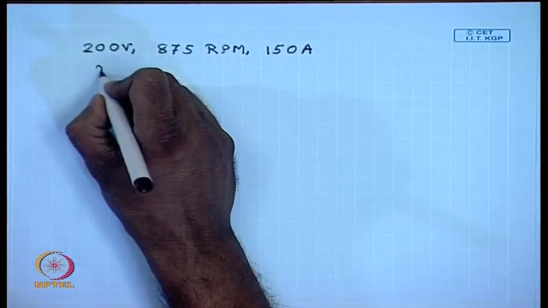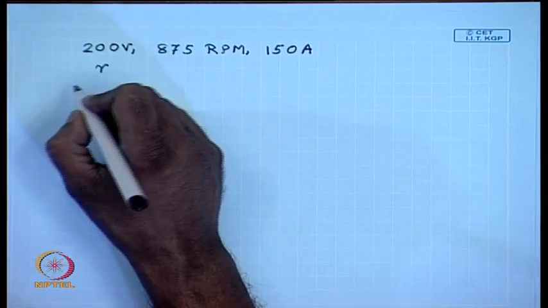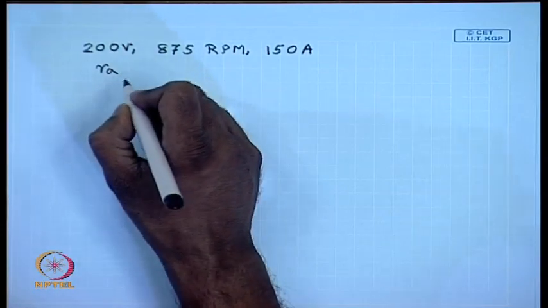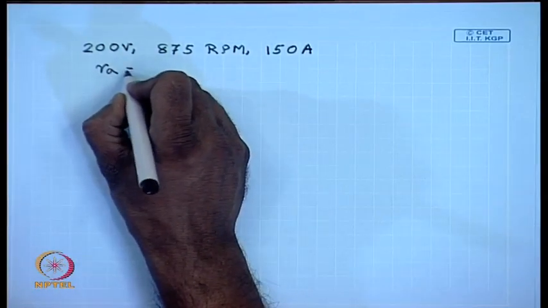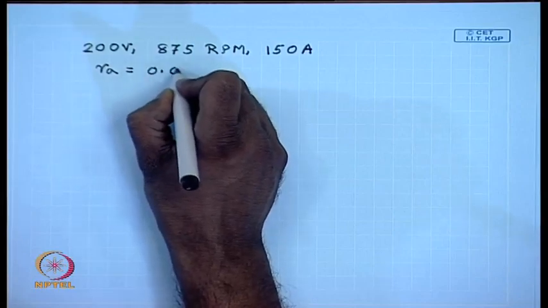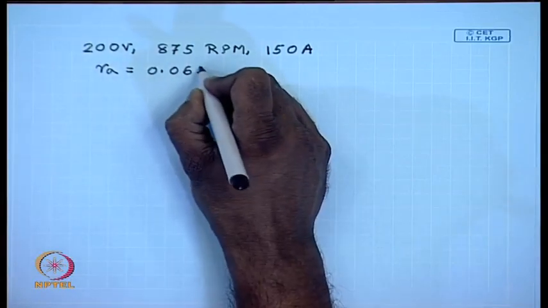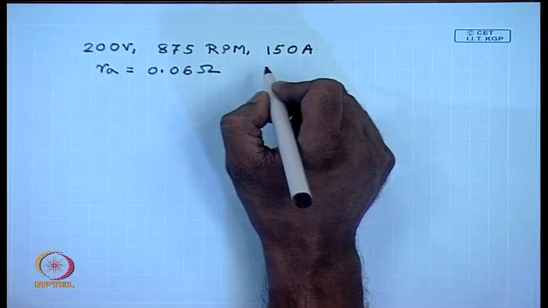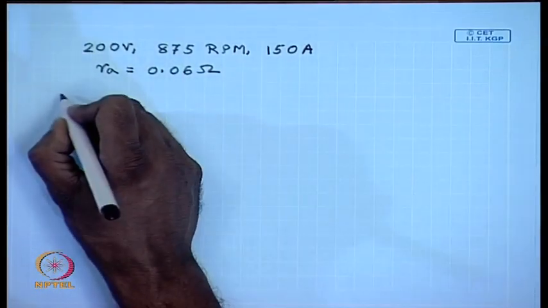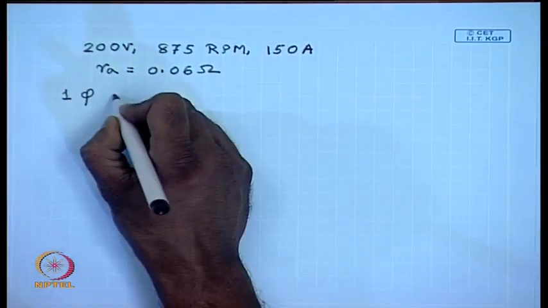The armature resistance RA equal to 0.06 ohm. Now, it is supplied from a single phase AC supply.